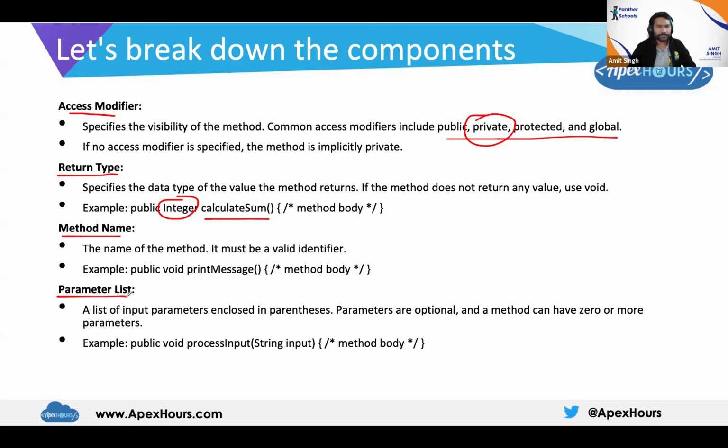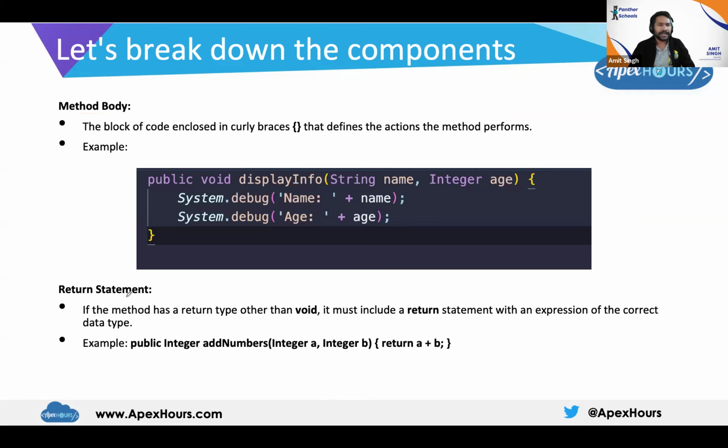Okay. And then, not last, the second last is the method body. Now, we talked about the access modifier, we talked about return type, we talked about method name. Now we are talking about the body, right? We also talked about the parameters.